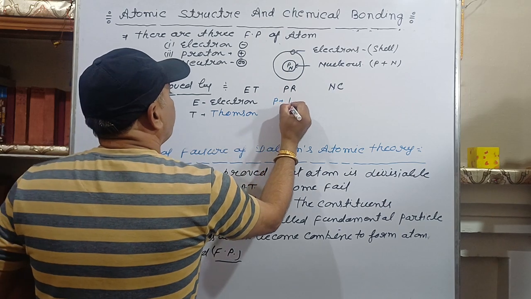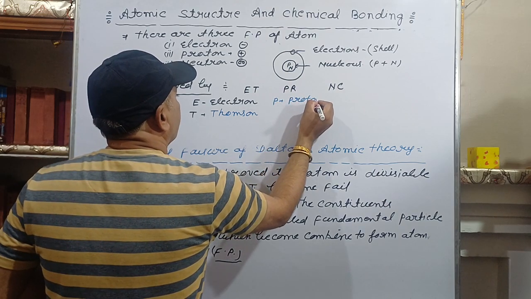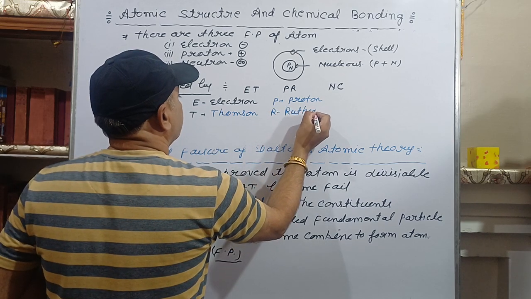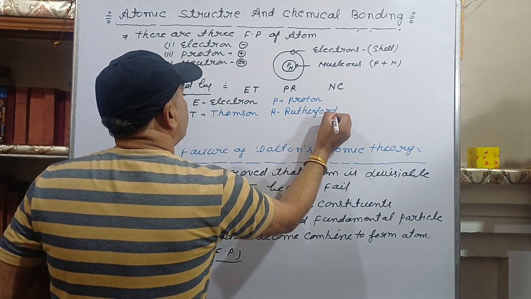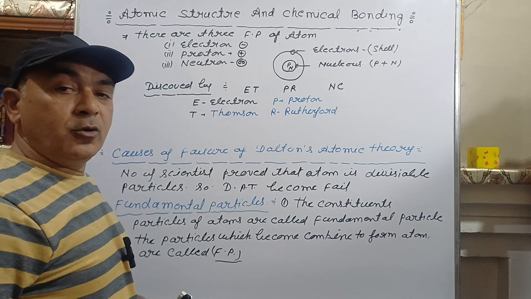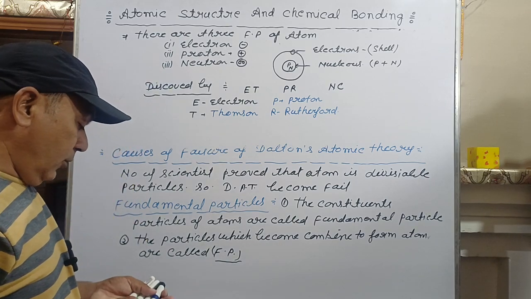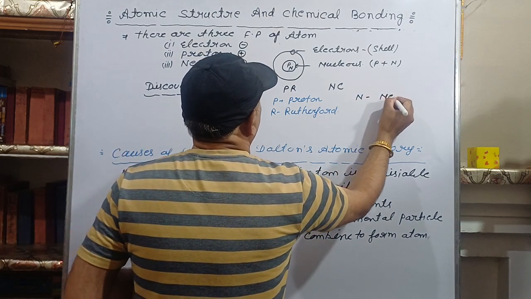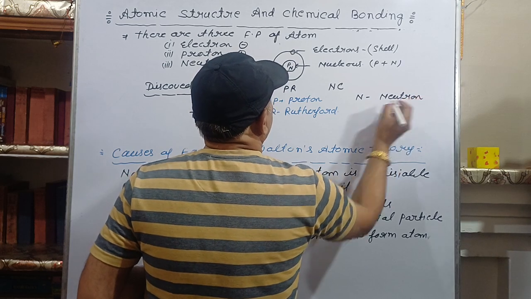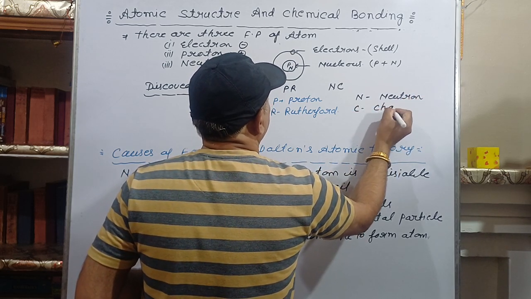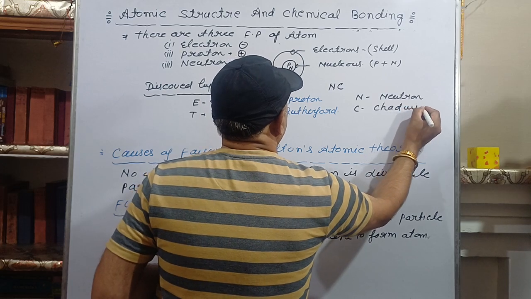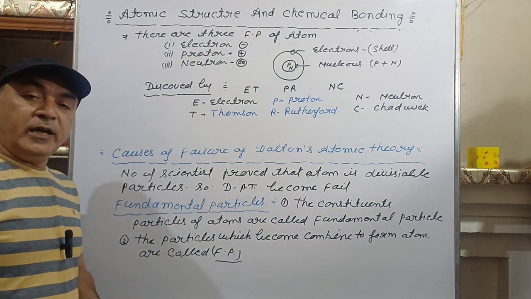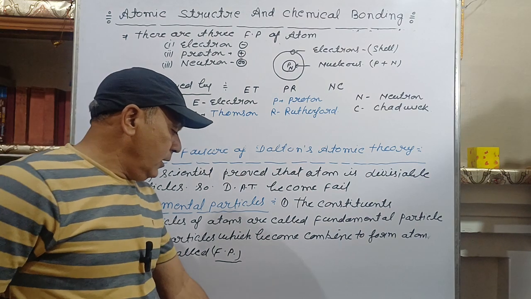P for proton; the proton was discovered by Rutherford, while the study of positive rays was done by Goldstein. And N for neutron; the neutron was discovered by Chadwick. These are the names of the scientists who discovered the electron, proton and neutron.